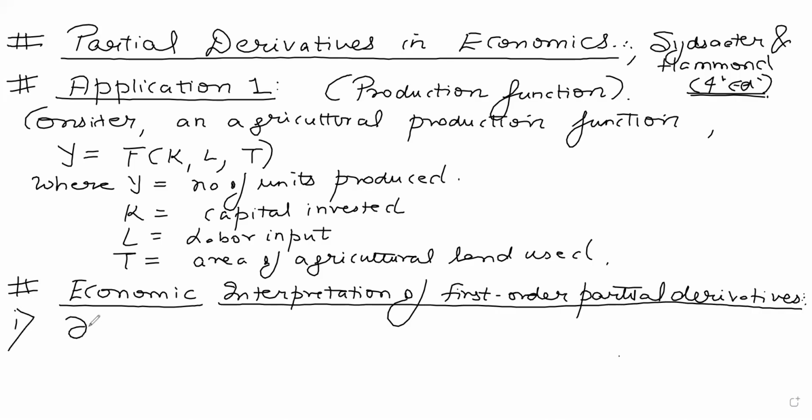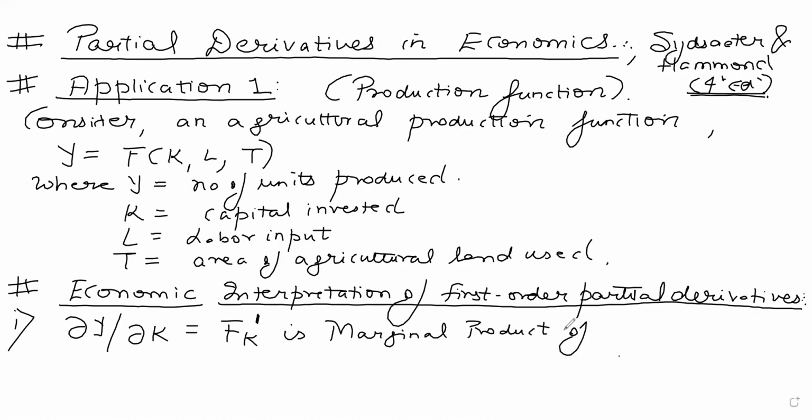If I partially differentiate my output with respect to capital, which I can also call as fk dash, how will I interpret this? This is the marginal product of capital.